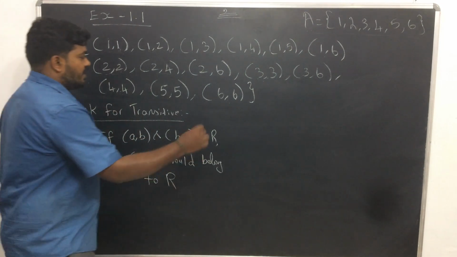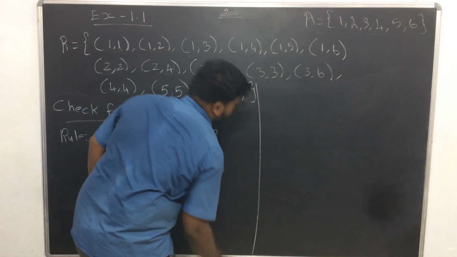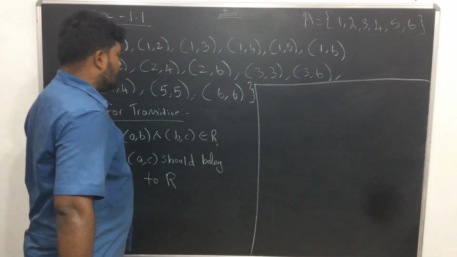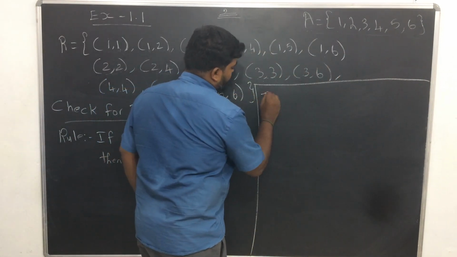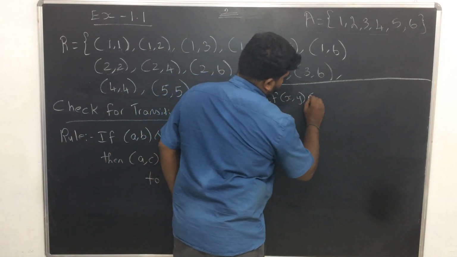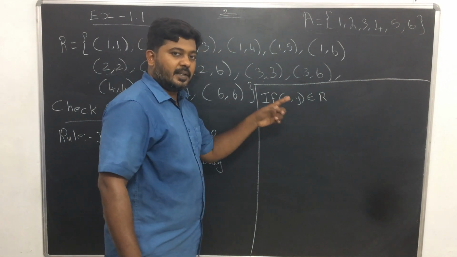Now, for this sum, we will take a different notation. I will start by saying if x comma y belongs to R. Here I am talking in terms of x and y because that is how it is given in the sum.